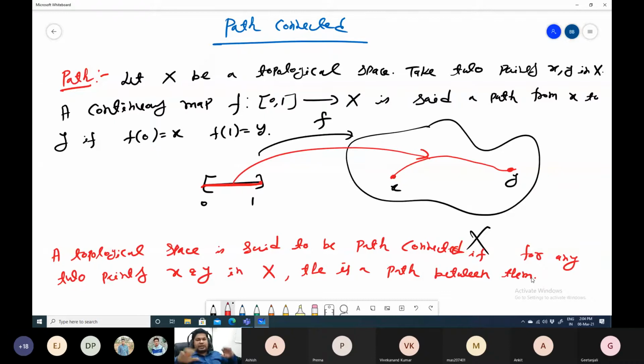Okay, that is, suppose you have a topological space X and you choose any two arbitrary points, and if you always have a path from x to y, then we say that the topological space is path connected.